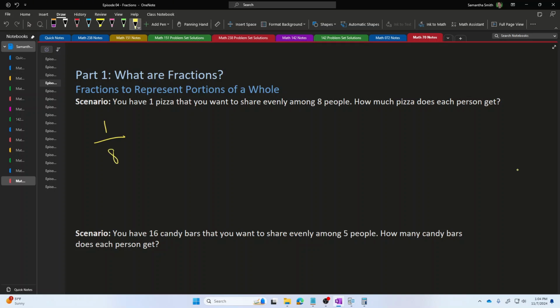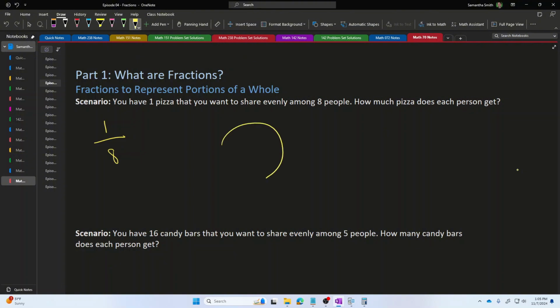One divided by 8. The issue is that because I just have the one pizza, each person is only going to get a portion of that pizza. I'm going to have to cut the pizza into pieces to make sure that everyone gets the same quantity of pizza.